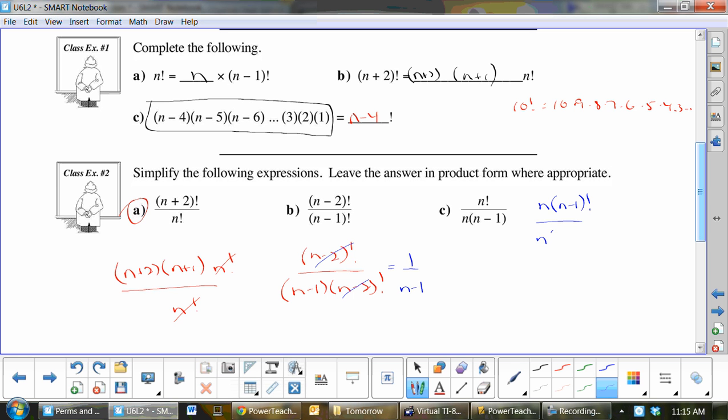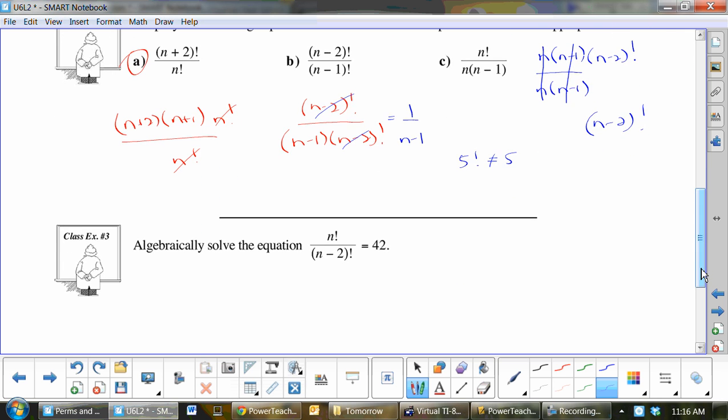Can I do this? An n minus 1 factorial does not cancel out with an n minus 1. They're very different. I'll just tell you right now that 5 factorial does not equal 5. So n factorial, yep. Yeah, well, why don't we just do it again right now and just change this to n minus 2 factorial. Then cross out, right? So n minus 2 factorial is my answer.